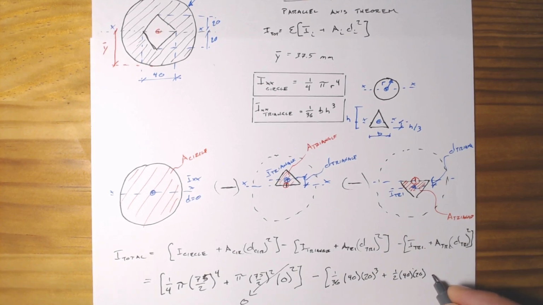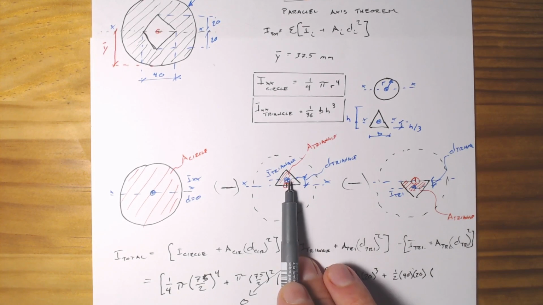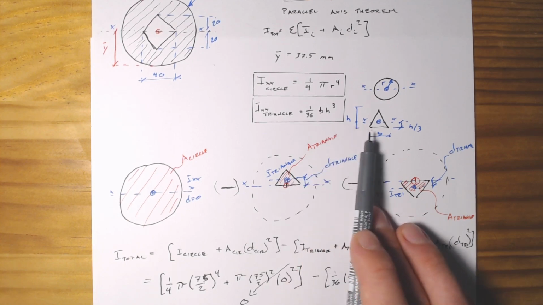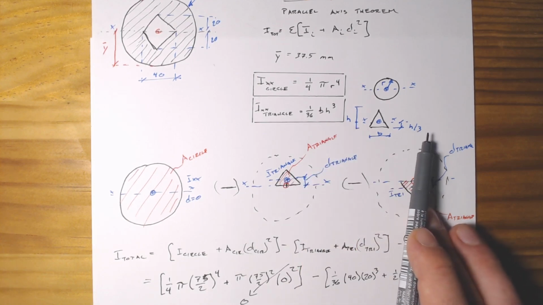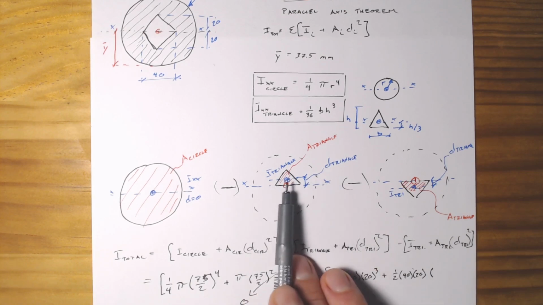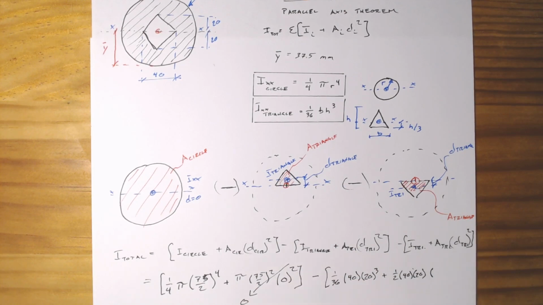And then we're going to multiply by the distance between the centroid of the triangle and the centroid of the entire thing, which is simply going to be the height over 3, since the bottom of the triangle is right on the centroidal axis of the cross section. So that's simply going to be 20 divided by 3 squared.